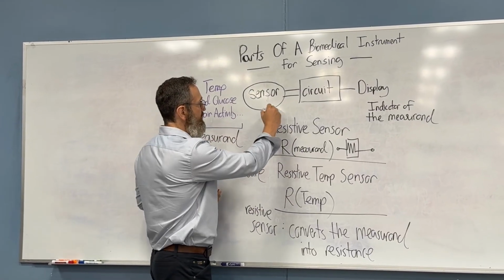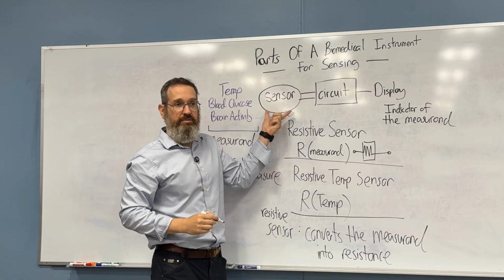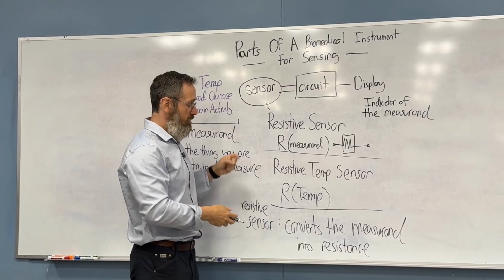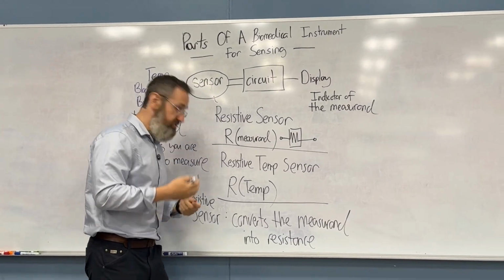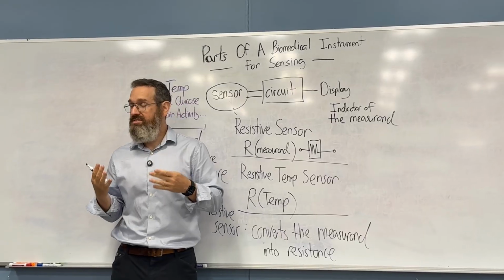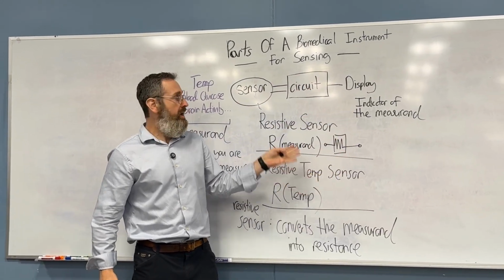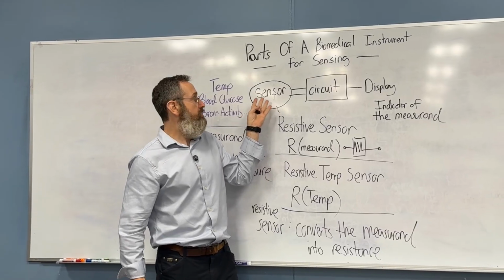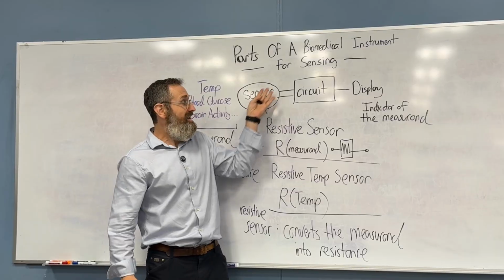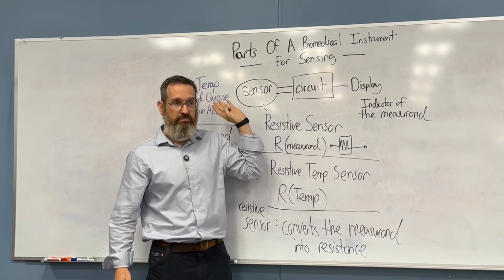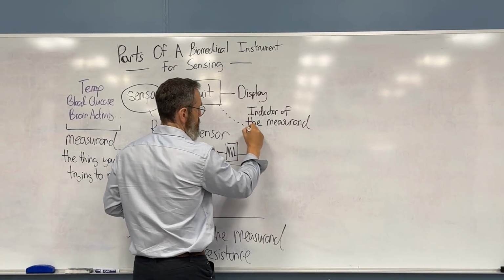All this was about the sensor here. We have learned that you can't just stare at a resistance and know what its resistance is. So when we're building these instruments, all instruments, the sensor, including in this case a resistive sensor, needs to be connected to a circuit. Let's go here for that.